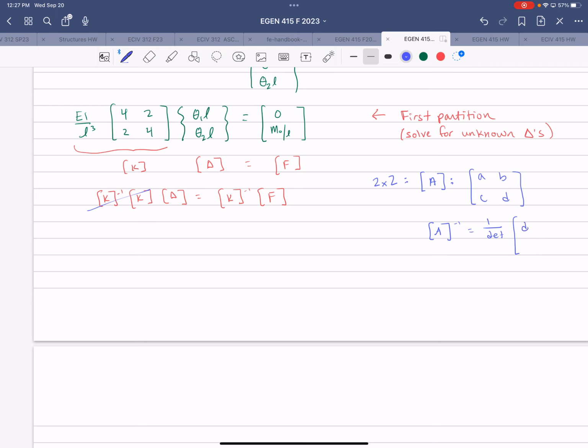So it would be D, -C, -B, and A. And then the determinant would be AD minus BC.